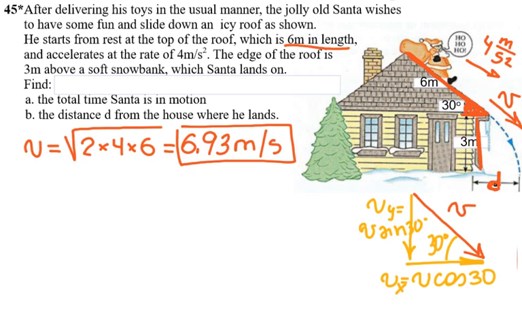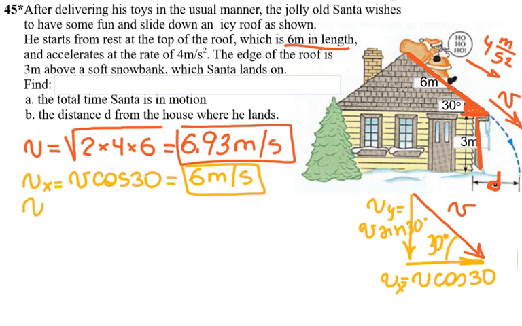Let me calculate it here. So Vx is V cosine 30, which equals 6 meters per second. And Vy is V sine 30, which gives me 3.47 meters per second.